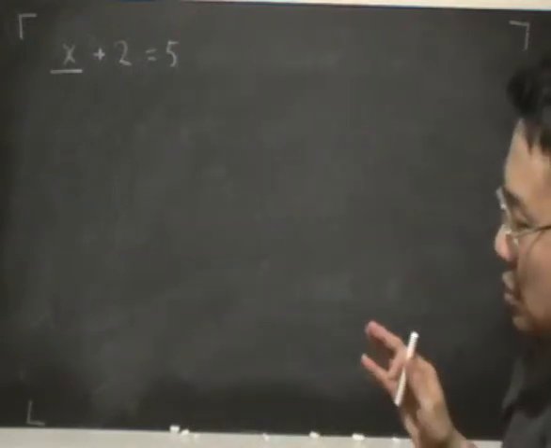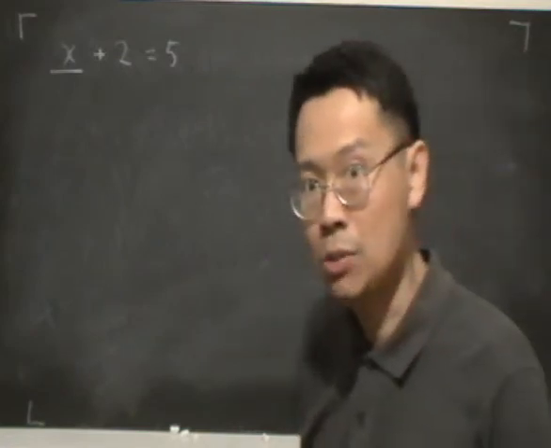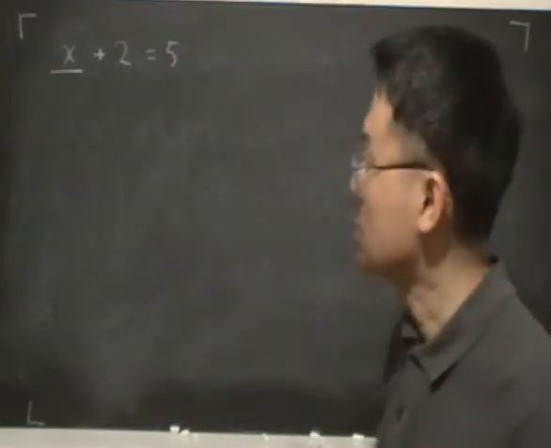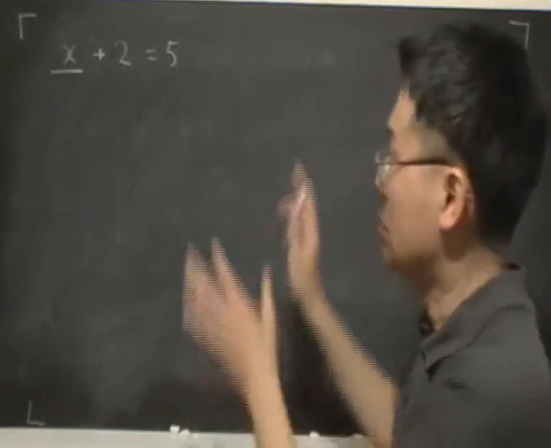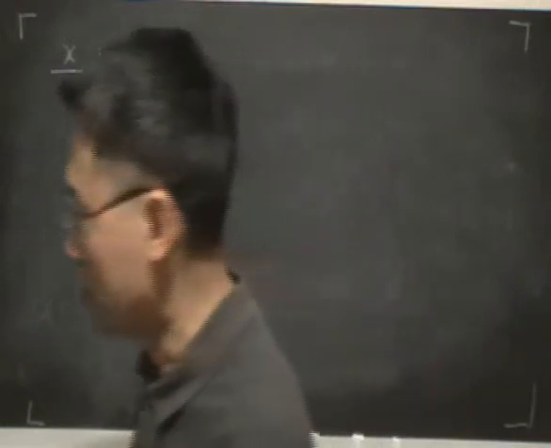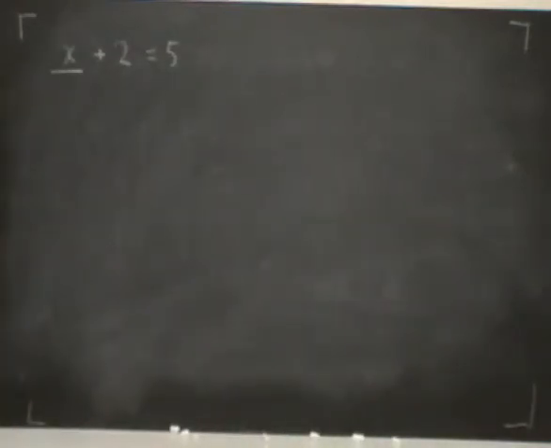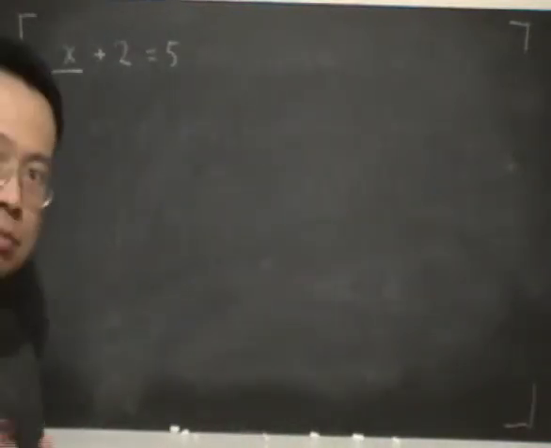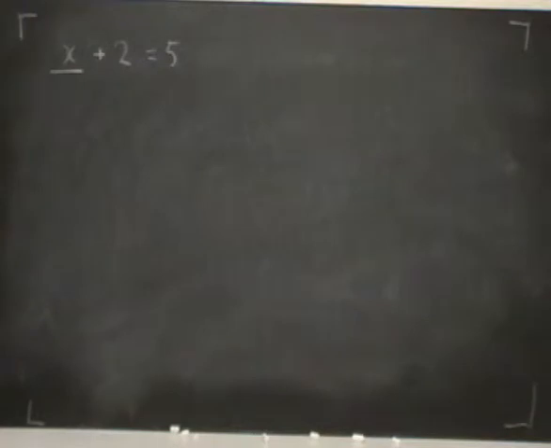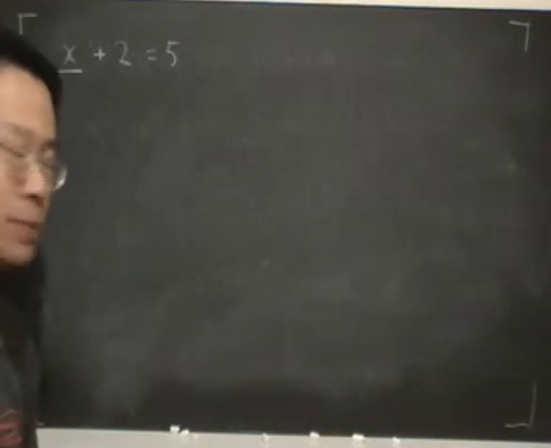Now there are rules that can help us find the answer to such equations, even if the expression is quite complicated. So to see what these rules are, let's work out this answer using the rules. The idea is we want to find x.